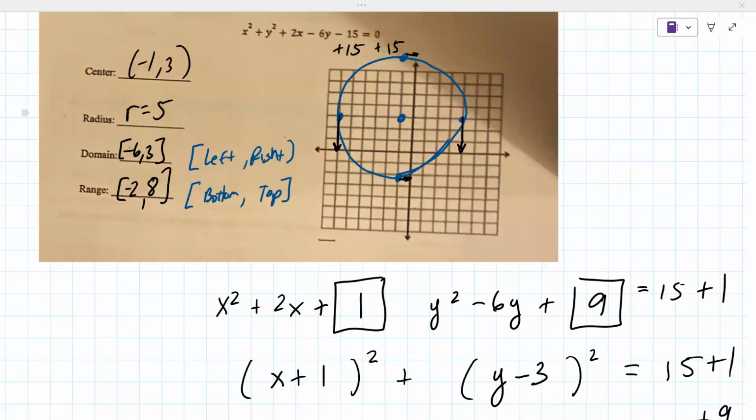So then -6 and +3 is the answer. And then -2, +8, lowest to highest. Sorry, the domain is 4. This is not right. It should be 4 there.